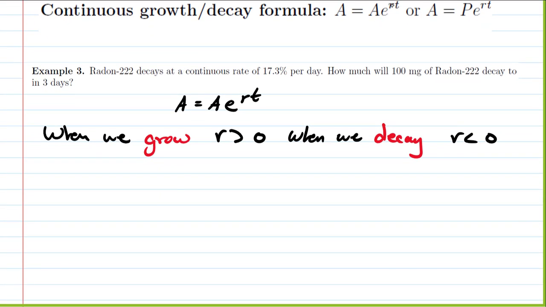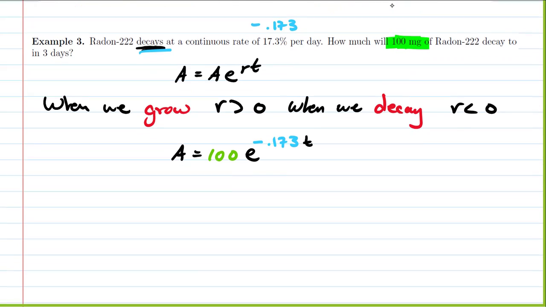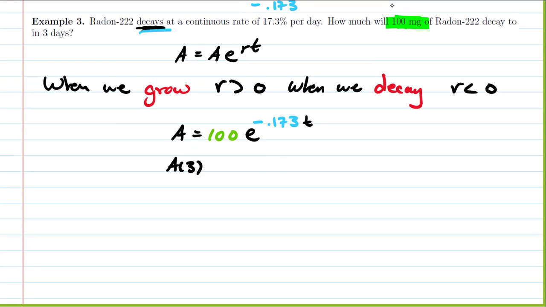So when we put this into our formula, we have our starting amount, which is 100 milligrams. So we have 100, e, which is Euler's number, r, and we're decaying, so we put this as a decimal, 0.173, but we're decaying, so it's negative, so negative 0.173 times t. We're then told that we want to know how much is left after 3 days. So that's A of 3.